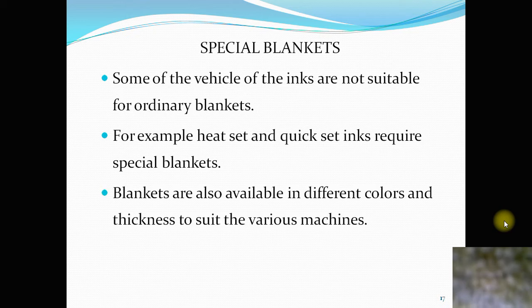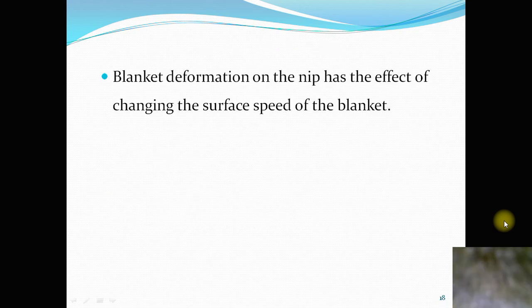Blankets are also available in different types. Deformation at the nip has the effect of changing the surface of the blanket. We discussed in the previous class the nip, the point of contact between two cylinders.